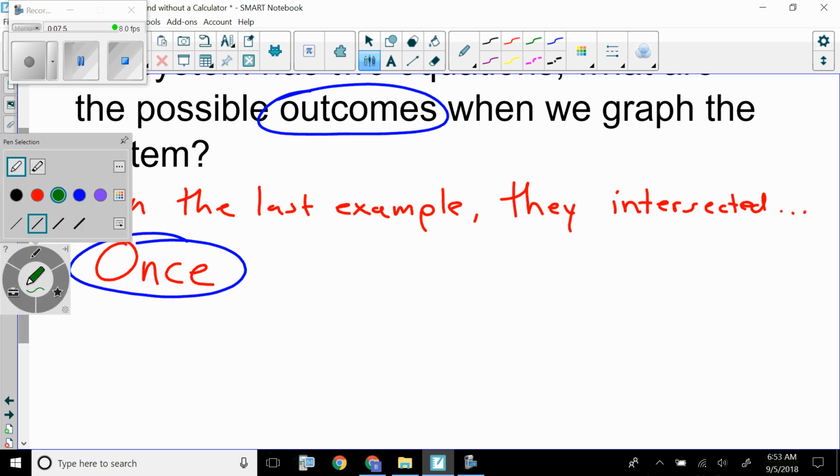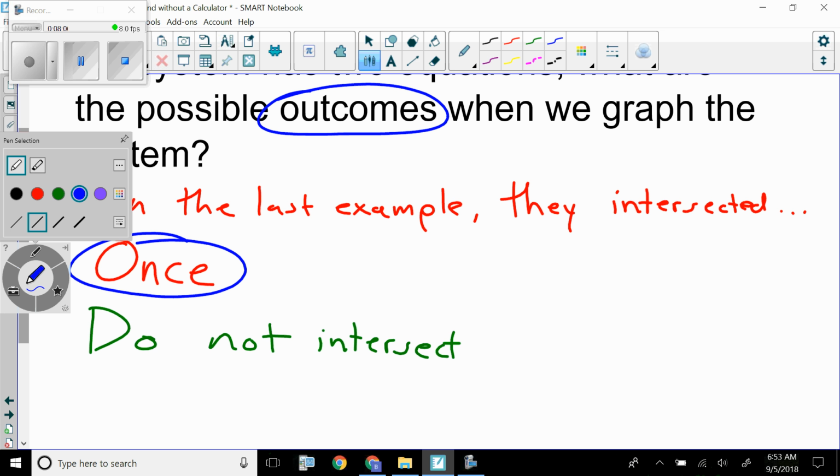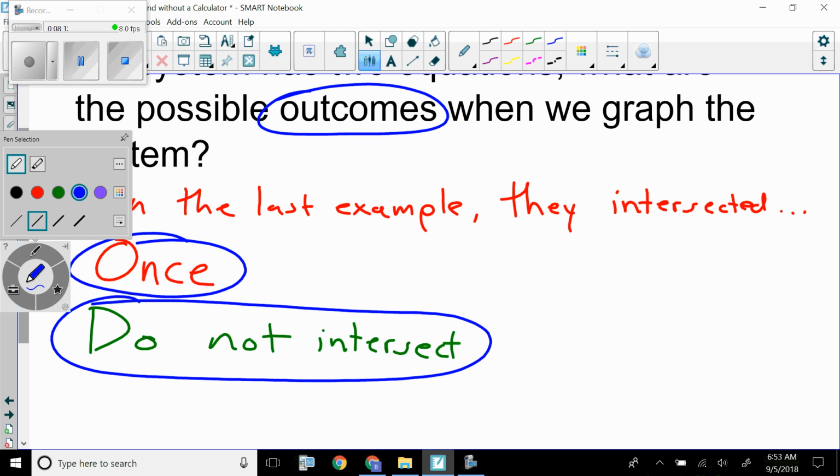Well, logically then, what if they just don't intersect? That's got to be outcome number 2.